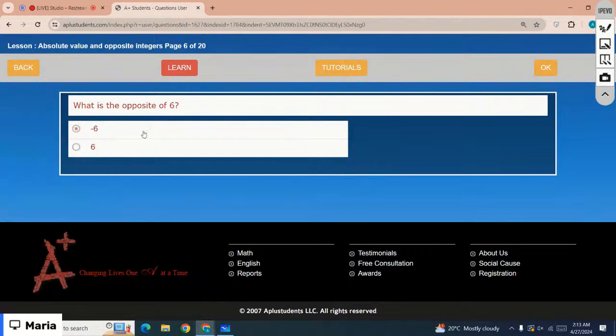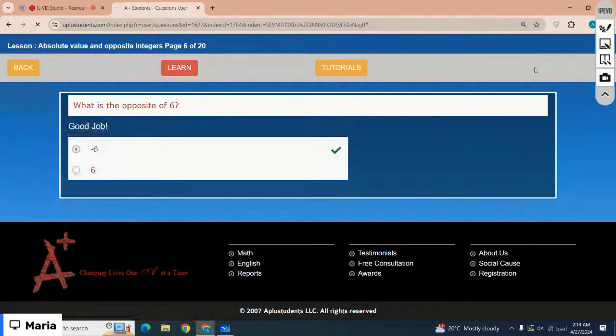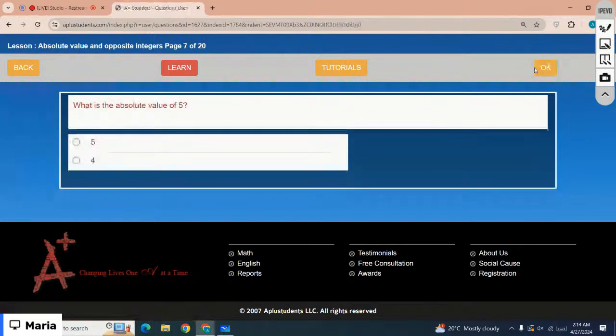Yes, that is negative 6. What is the absolute value of 5? Which is the correct option?